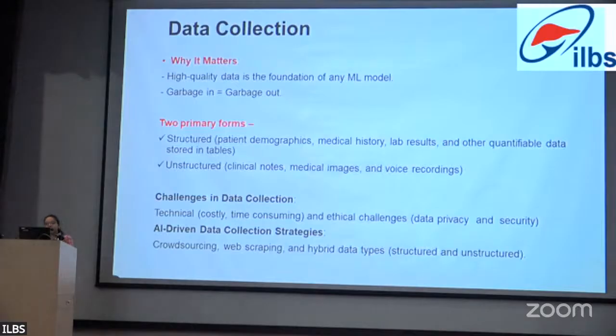There are specific standards to pre-process this type of data. Structured data is already well known, and we use the traditional statistical methods for it. But for unstructured data, there are certain standards that need to be followed.